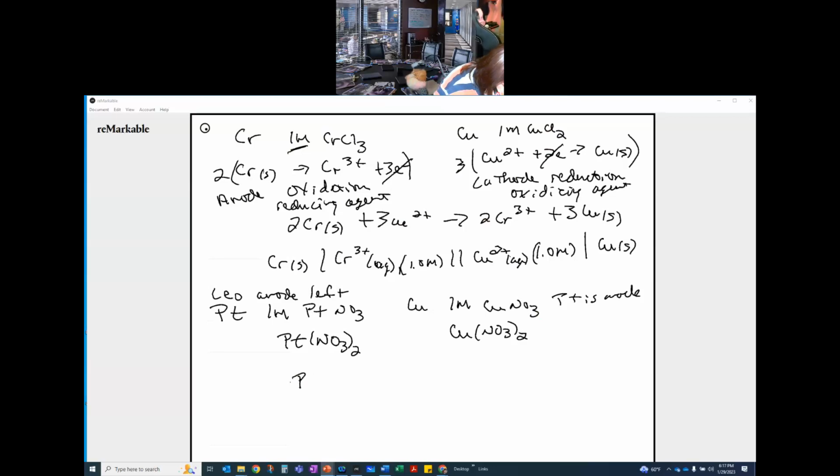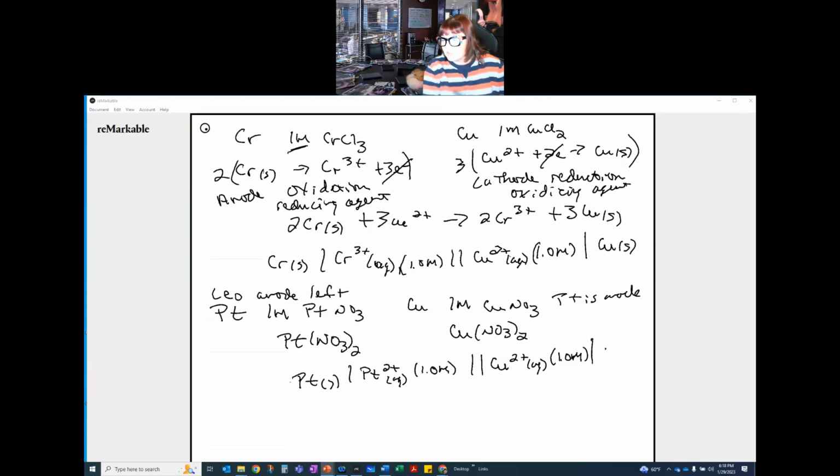So my cell notation is going to be platinum solid in conjunction with platinum 2 plus aqueous. I know that this is 1 molar. I then have a phase boundary to the Cu2 plus, which is aqueous, which is 1 molar, and the Cu solid.